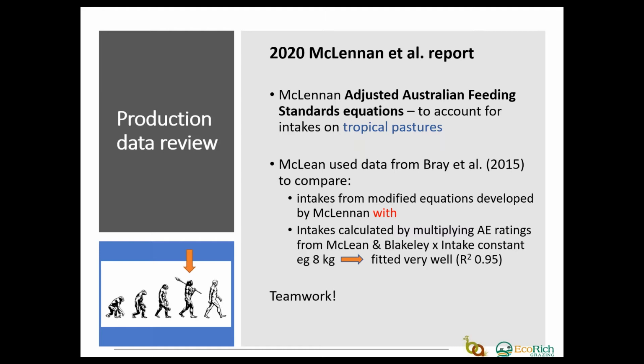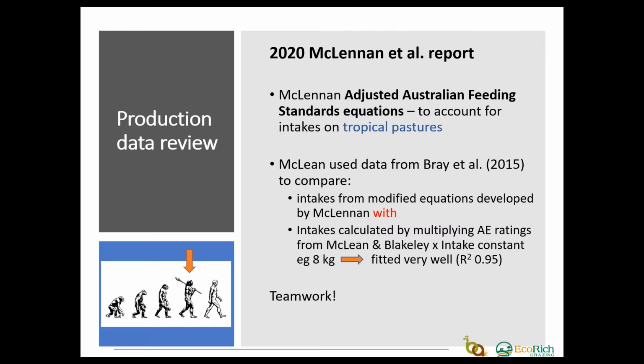So Ian used data from the publication by Stephen Bray and Leonie Walsh, published in 2015, that had thousands of cattle. He compared the intakes of using the modified equations developed by Stu with the AE ratings from the McLean and Blakely publication multiplied by an intake constant.